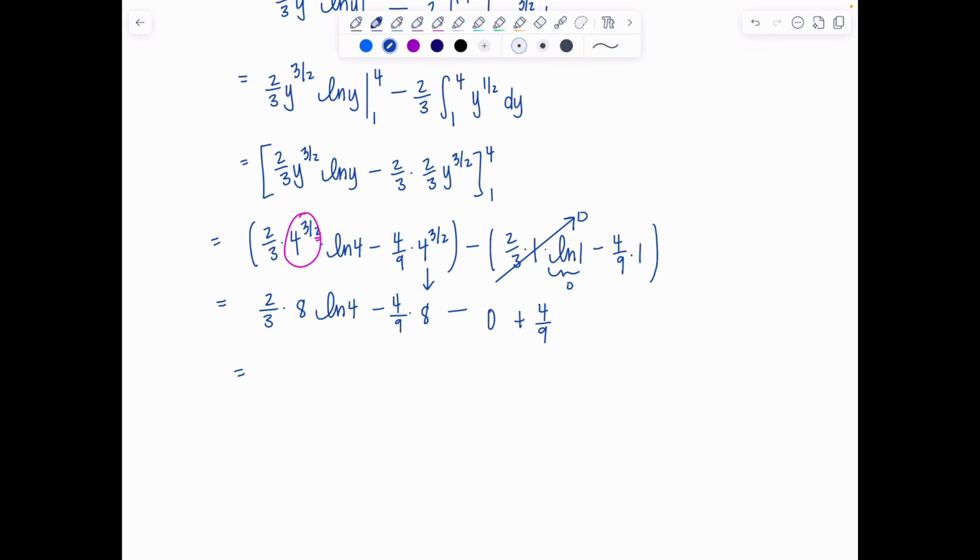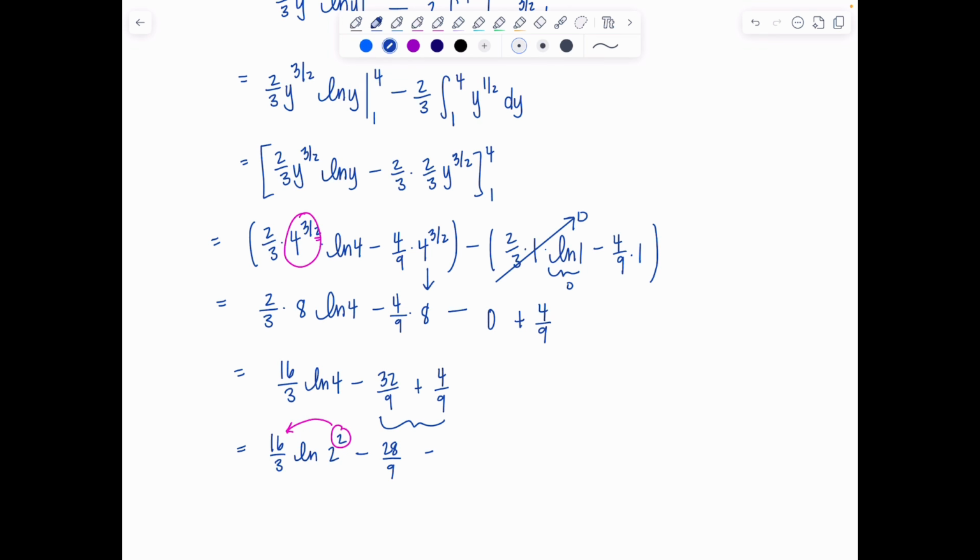So then this is 16/3 ln of 4 minus 32 over 9 plus 4 over 9. And then we're nearly done. So 16/3 ln of 4. To completely simplify, that's 2 squared. Minus, these guys give me 28 over 9. And then you can move this exponent to the front.